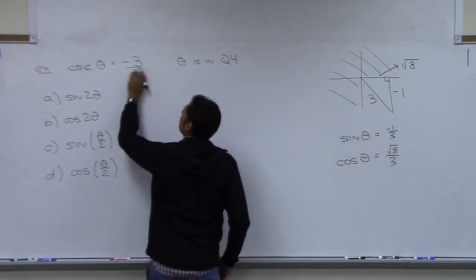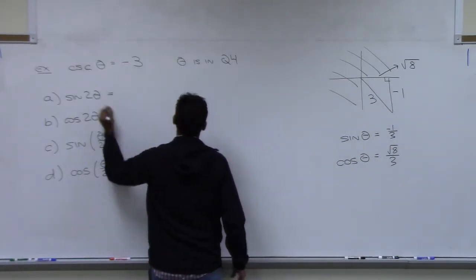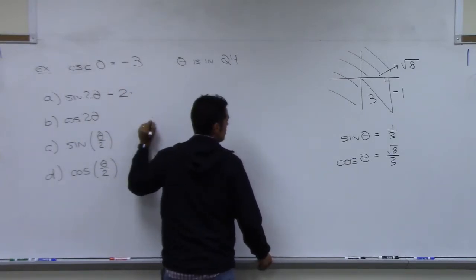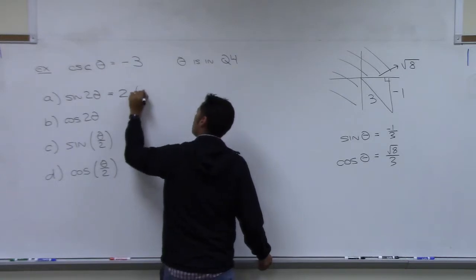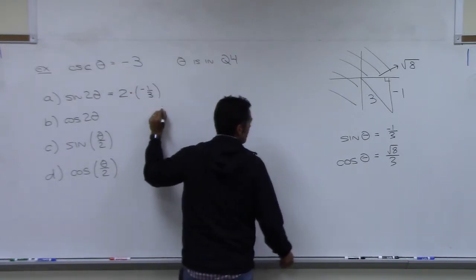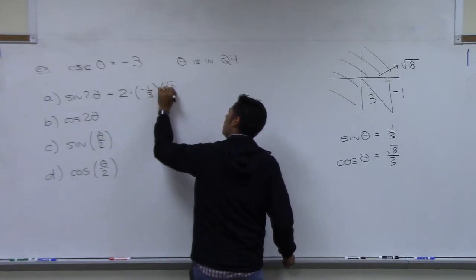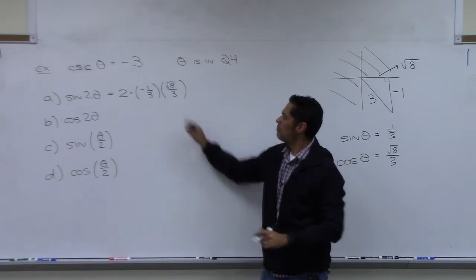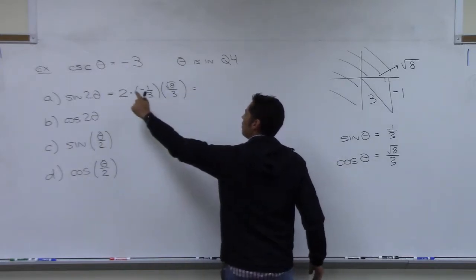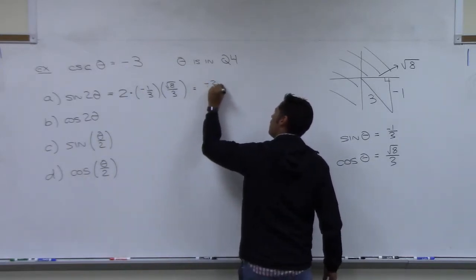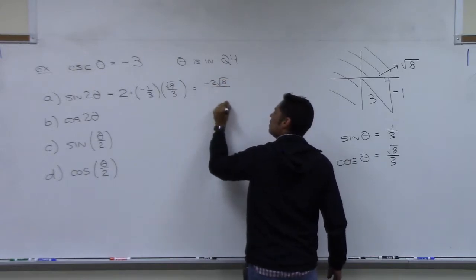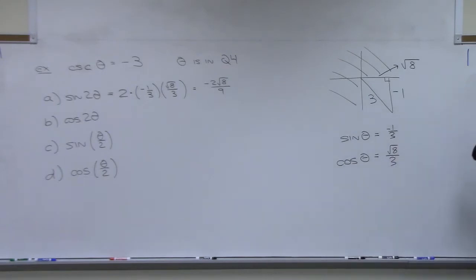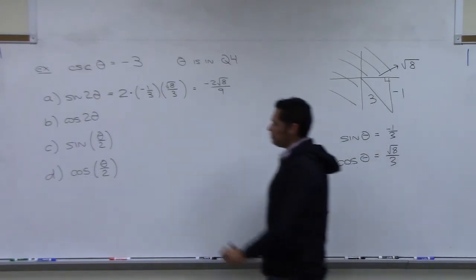All right, 2 sine theta. Is it all right that I'm not writing the formulas down each time? I'm doing 2 sine theta cosine theta, and multiplying across the tops, I get negative 2 root 8 over 9. Next one.